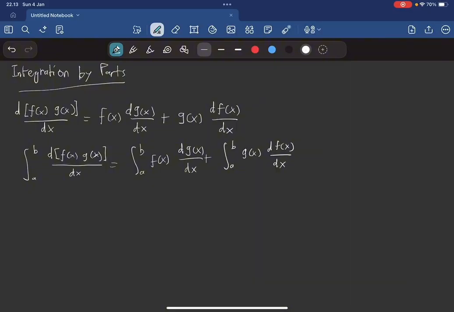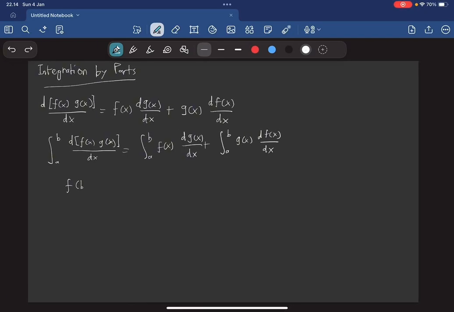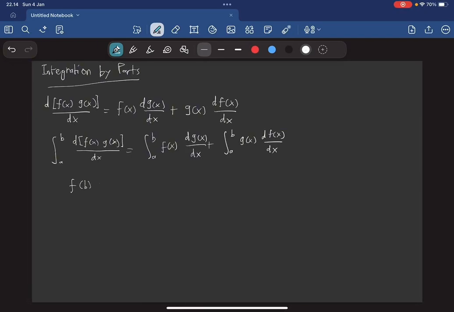The left side is f times g evaluated between a and b, which we often write in the form of a bracket with limits.